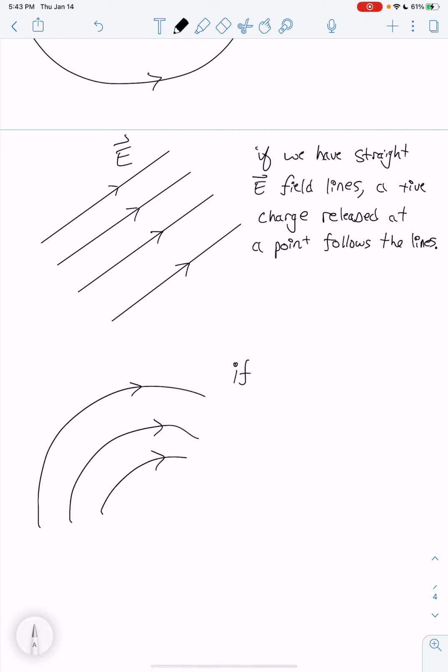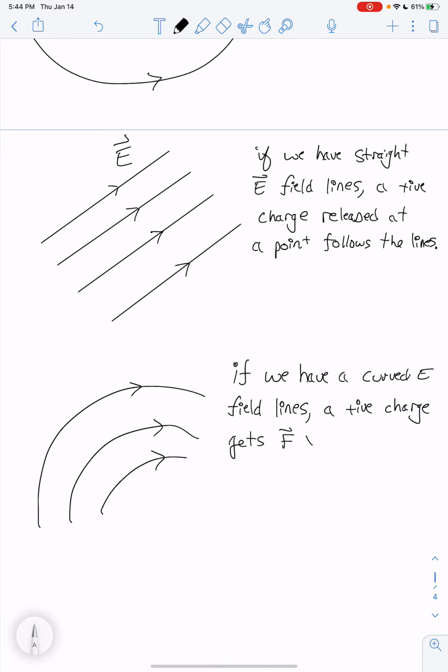So if we have curved electric field lines, and we put the same positive charge, well, there's going to be a force, right? It's going to be a force, and there's going to be an acceleration, and that's going to be in a direction. What direction will it be?